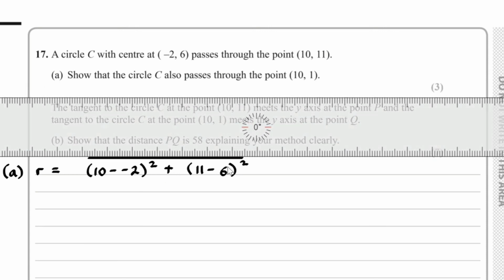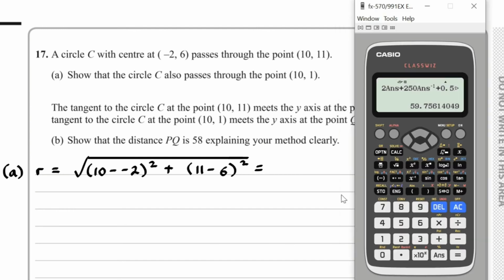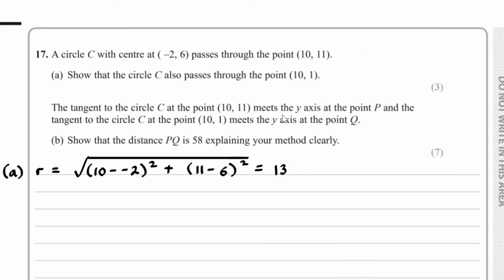And if we work this out, 12 squared plus 5 squared square rooted is 13. The radius is 13, and so for the equation of the circle, we've got x plus 2 all squared plus y minus 6 all squared equals 13 squared.